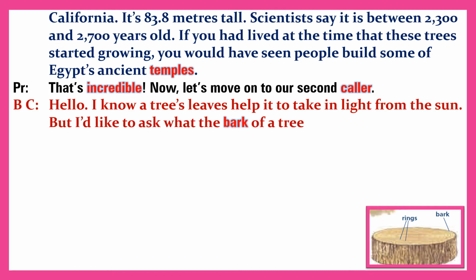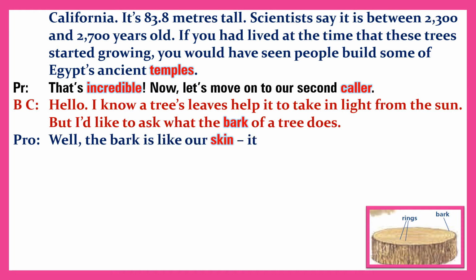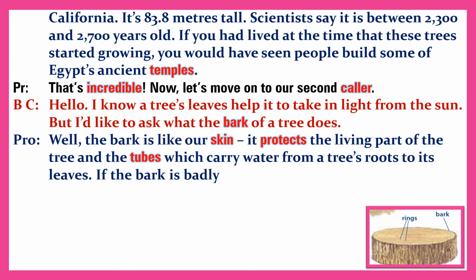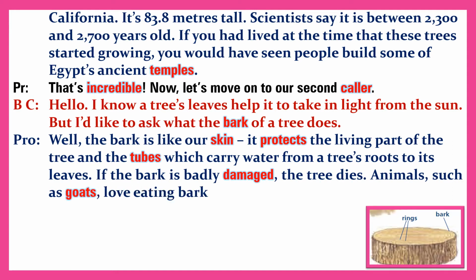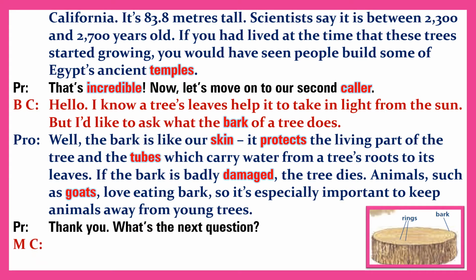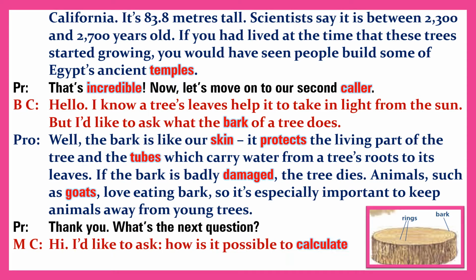Presenter: That's incredible. Now, let's move on to our second caller. Boy caller: Hello. I know a tree's leaves help it to take in light from the sun. But I'd like to ask what the bark of a tree does. Professor: Well, the bark is like our skin, it protects the living part of the tree and the tubes which carry water from a tree's roots to its leaves.